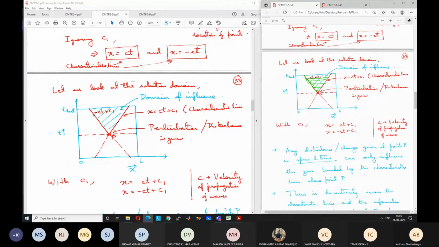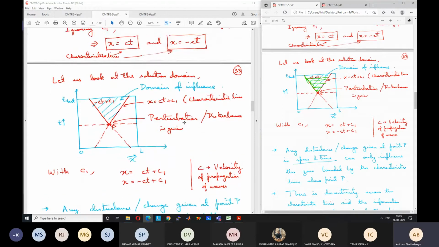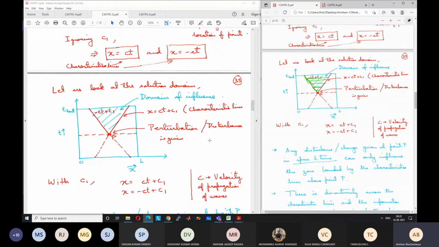Answers? What is the speed at which the perturbation is moving in an elliptical problem?